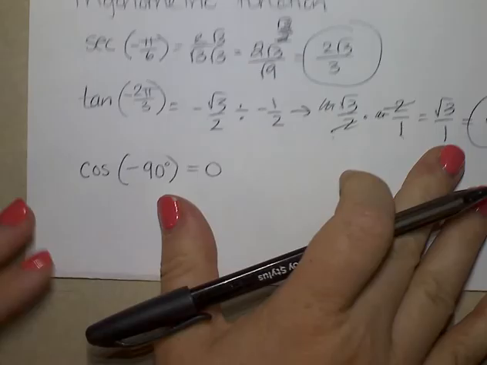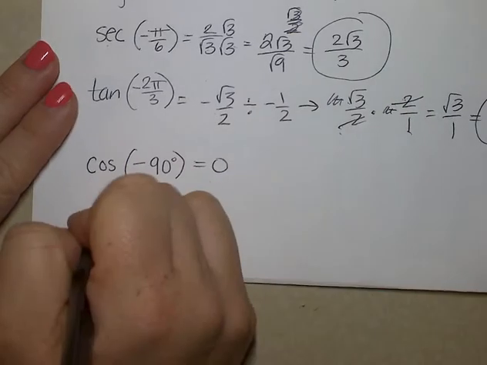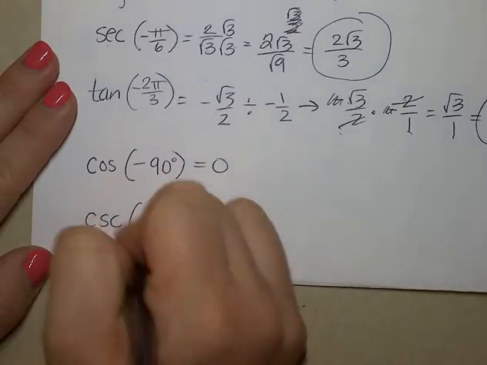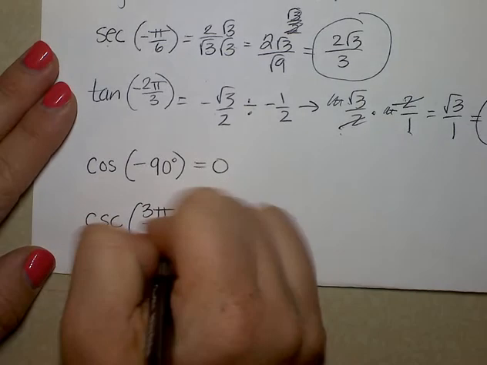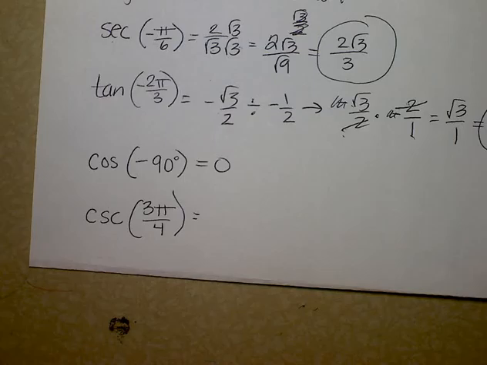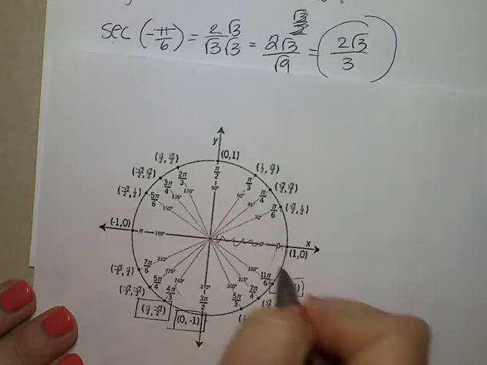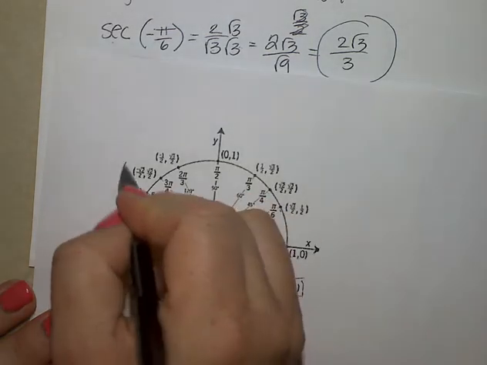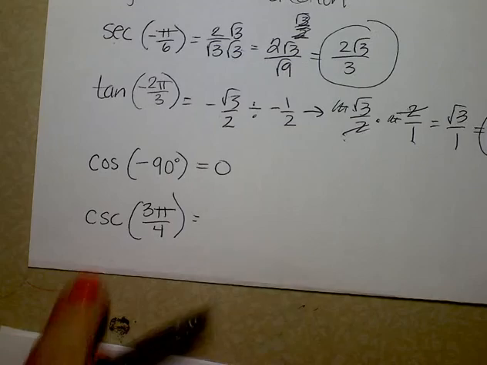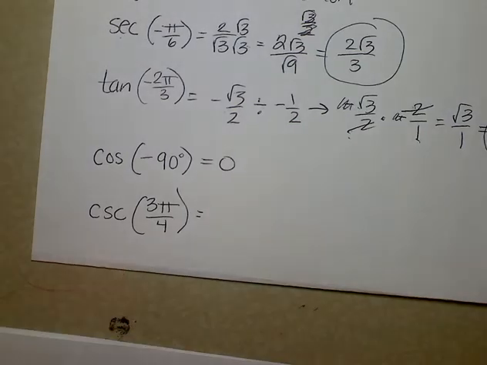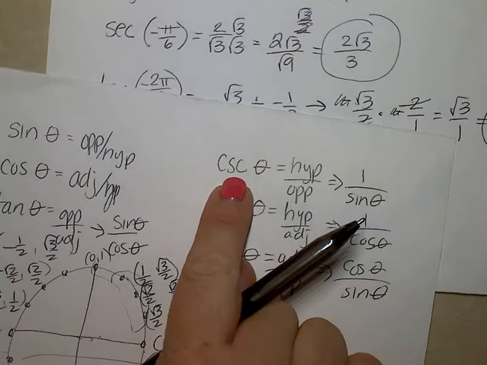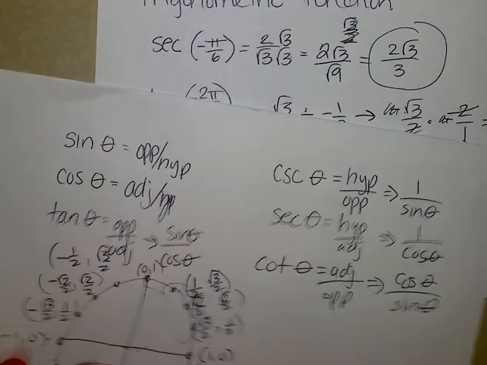Okay, your next one. We're going to go with the cosecant of 3 pi over 4. Cosecant of 3 pi over 4. It doesn't have a negative, so I get to go counterclockwise and remain there. And then I have to recognize, okay, cosecant, what does that mean? That is the reciprocal of sine. So let's first identify the sine.